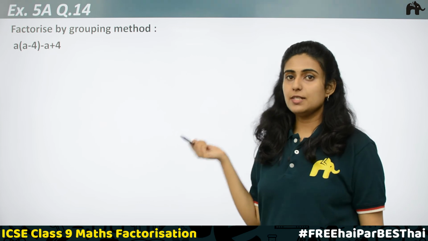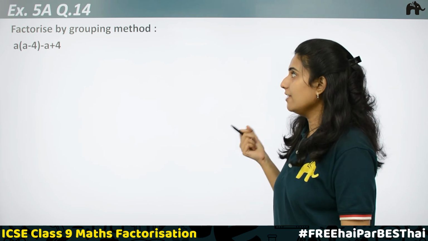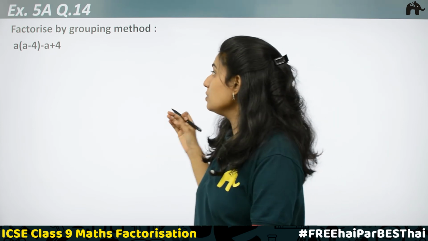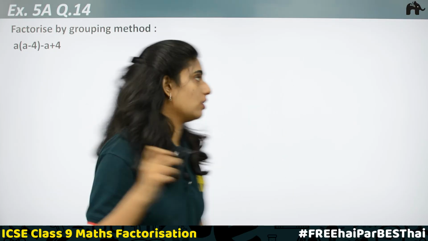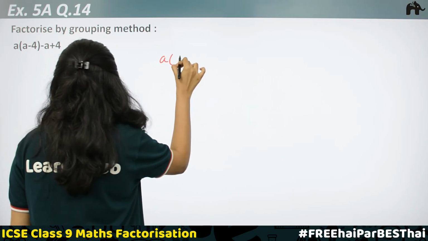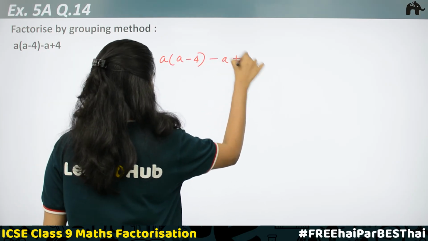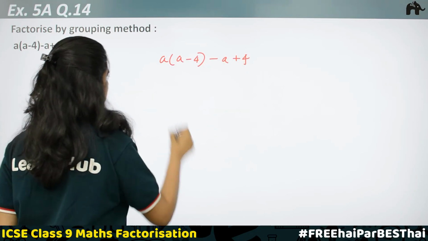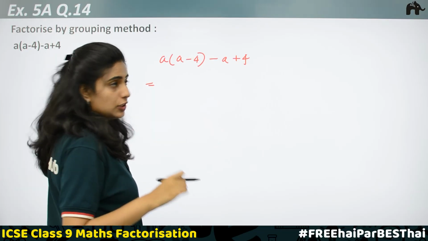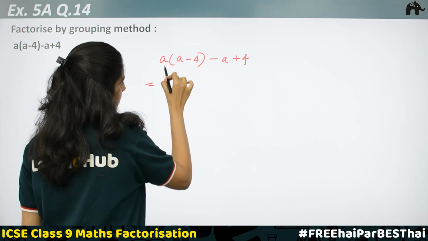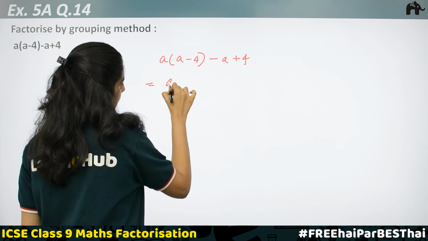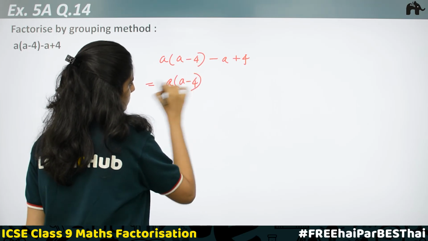Clear? Question number 14 of exercise 5a, factorize by grouping method: a into a minus 4 minus a plus 4, which is equal to, so here this is a into a minus 4.